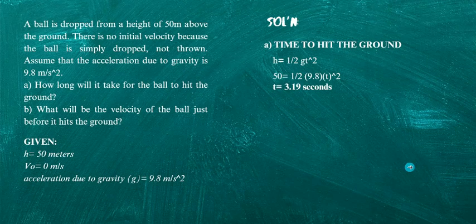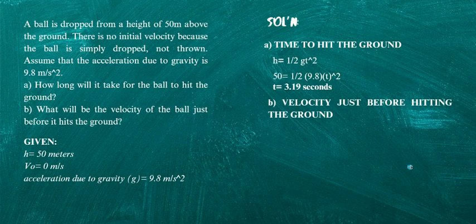So for the second question, what will be the velocity of the ball just before it hits the ground? We use the formula: final velocity is equal to initial velocity plus g times t. Then we substitute the values.